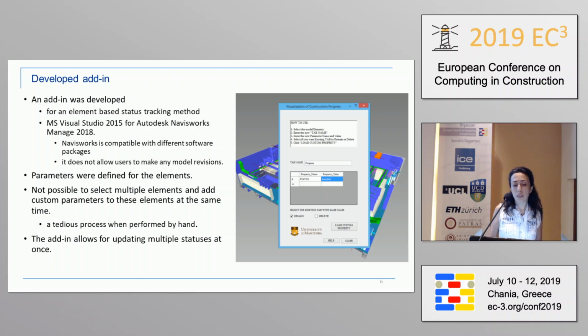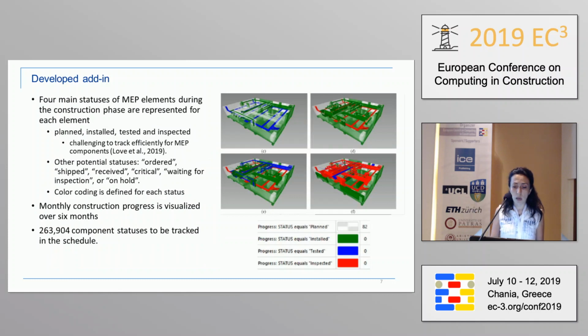We defined the parameters for the elements using this tool, and currently if there are parameters that are defined in Navisworks, you need to enter them one by one if the statuses are different. So what we did was you could select multiple elements and enter the statuses at once.